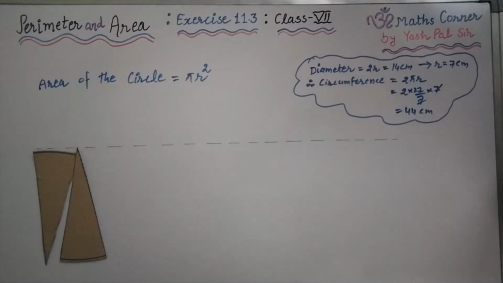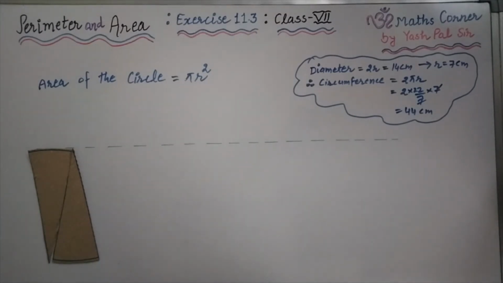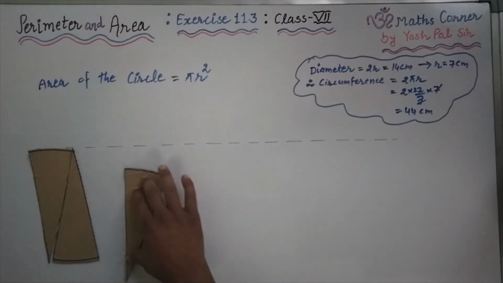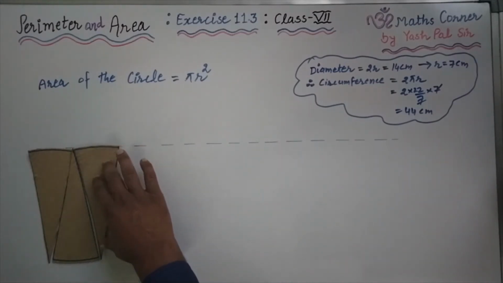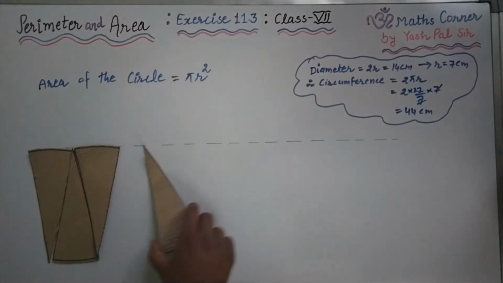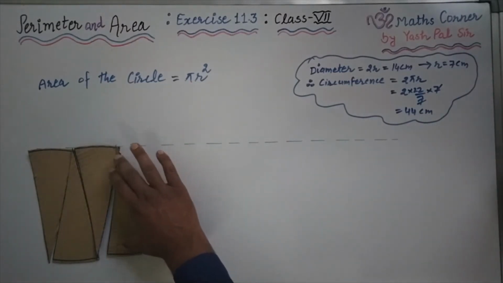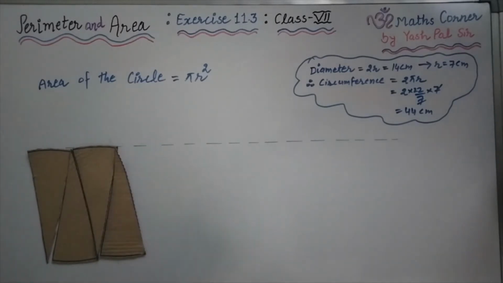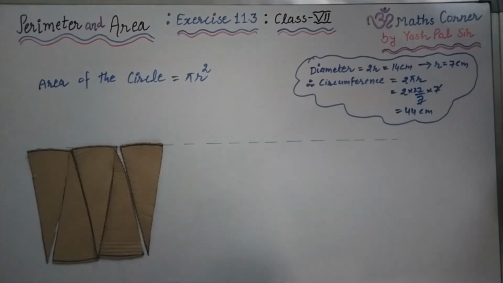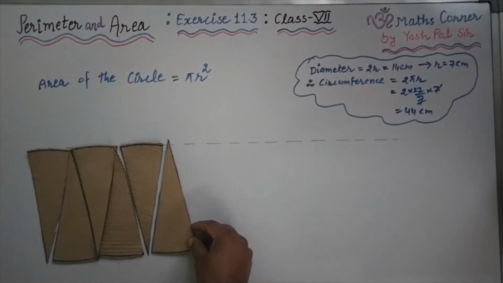Now next time I am starting from here, and this way I have adjusted 2 sectors. Now third time I am starting from here, this way, right? Next sector I am arranging, I am placing this way. Next sector I am placing like this.